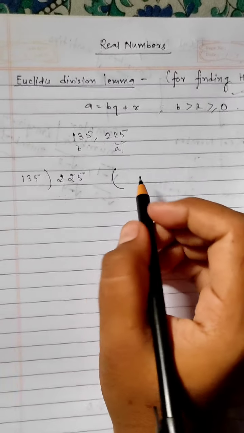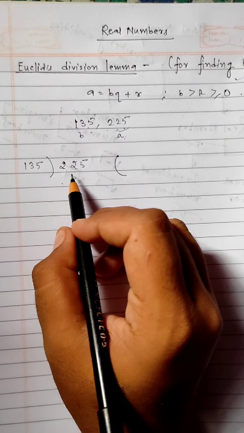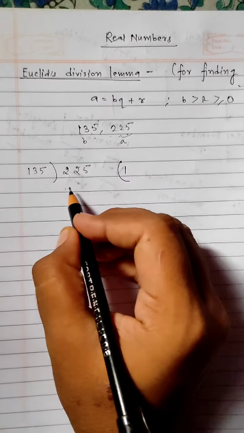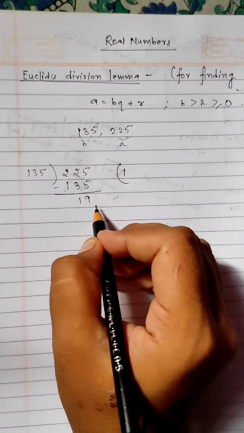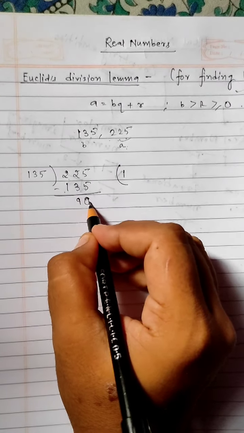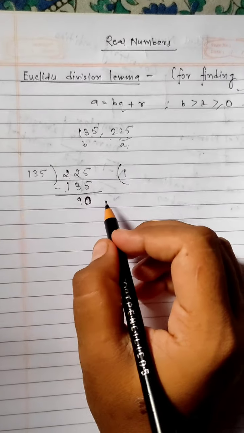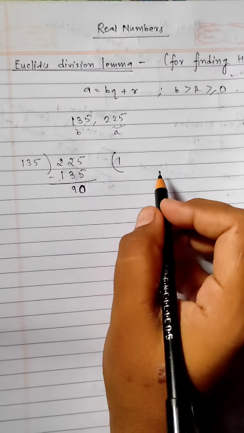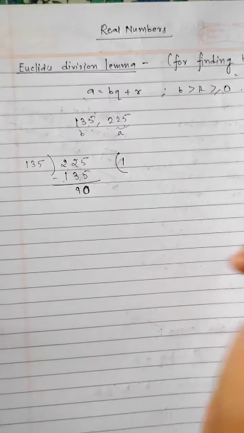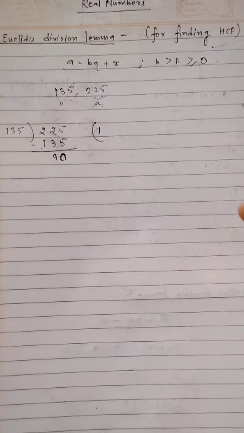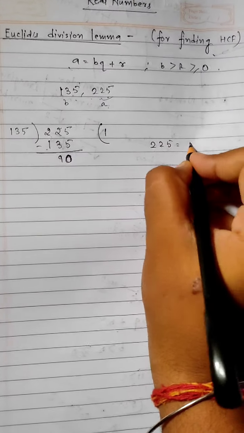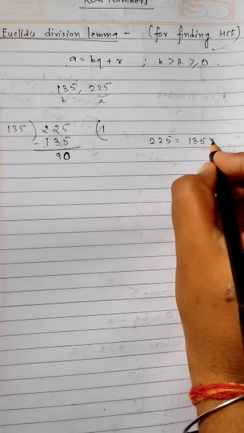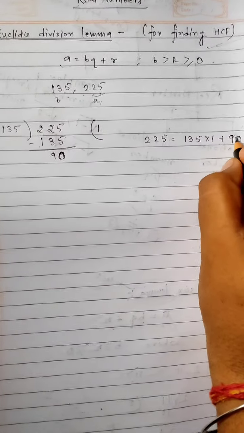Now divide it. When we divide by 135, it will be 1 times 135. Now when we subtract it, it gives 90, isn't it? Now we will just represent this in the form of the given lemma. So it can be written as 225 equal to 135 into 1 plus 90, right?